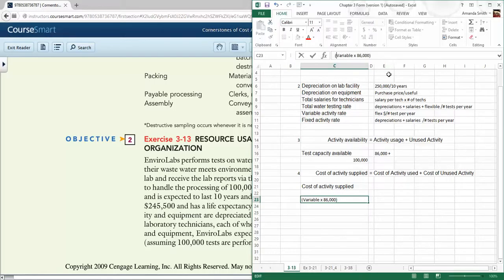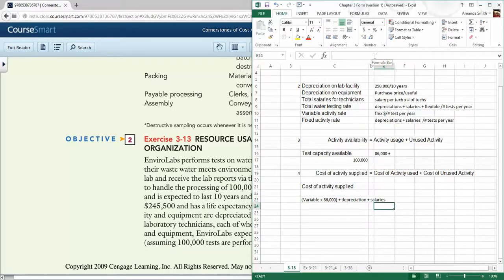But those are actually going to have to be added to another amount, which is what you're going to find out when you're doing the fixed rate activity. So it's going to be the variable rate times the 86,000 tests, and you're going to add the depreciation and add the salaries, because those are things that cannot be changed. So that's for that part of the equation.